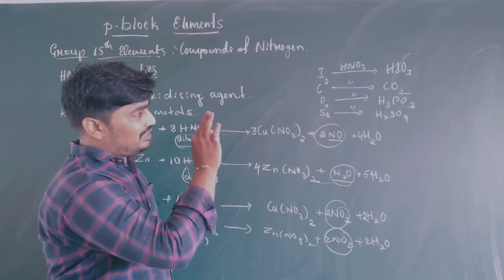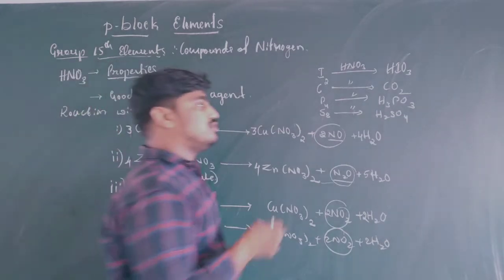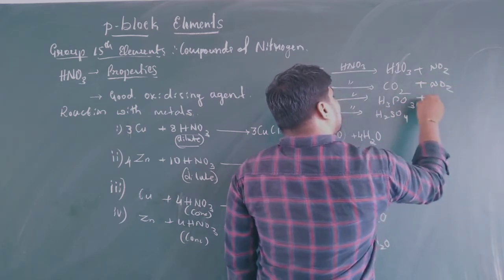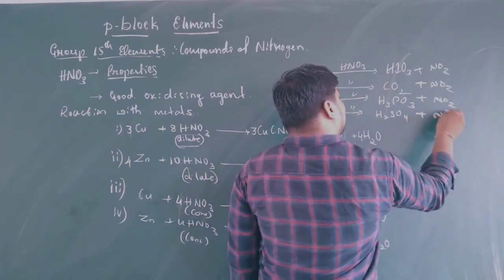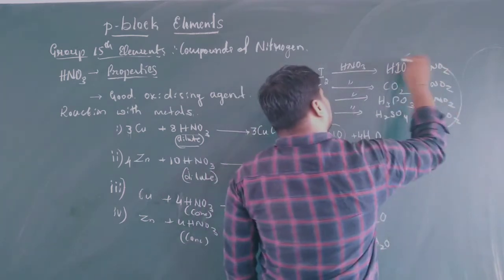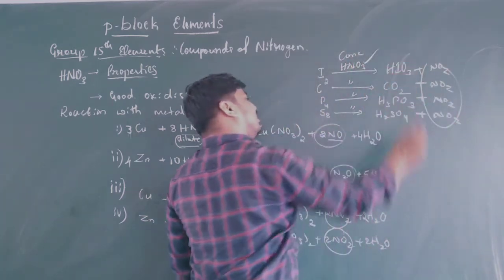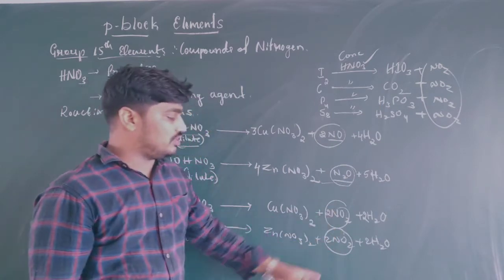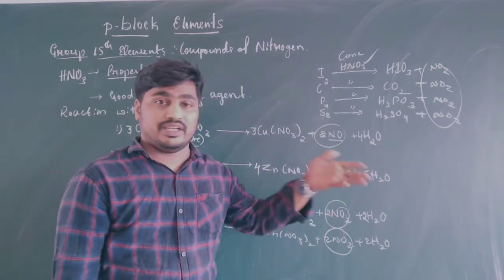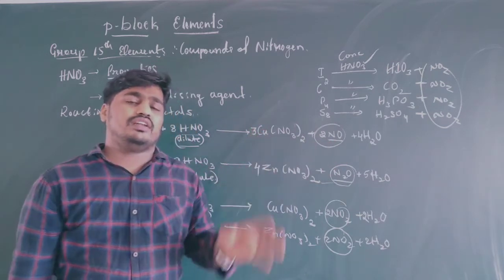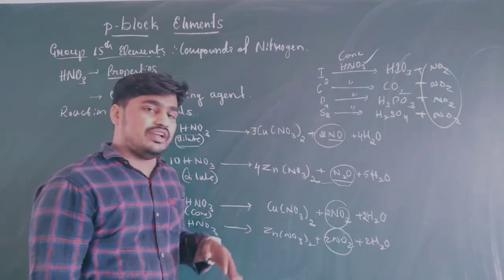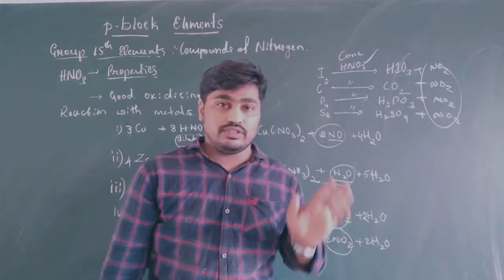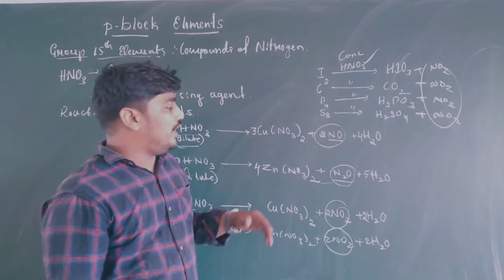In all the cases, nitrogen dioxide is the common gas liberated, because we consider concentrated nitric acid. Therefore, that part becomes easy. Whenever concentrated nitric acid reacts with any metal or non-metal, generally it produces nitrogen dioxide, NO2.